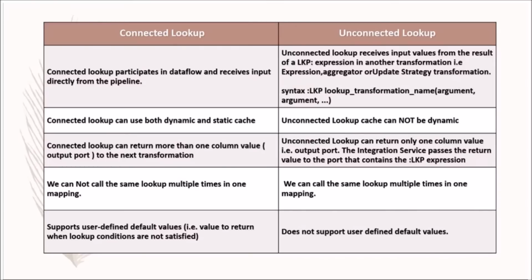Coming to the fifth point, a connected lookup supports user-defined default values, which means when the lookup condition is not satisfied, we can return user-defined default values. An unconnected lookup does not support user-defined default values. So these are the main differences between connected lookup and unconnected lookup. I hope you understood these differences.